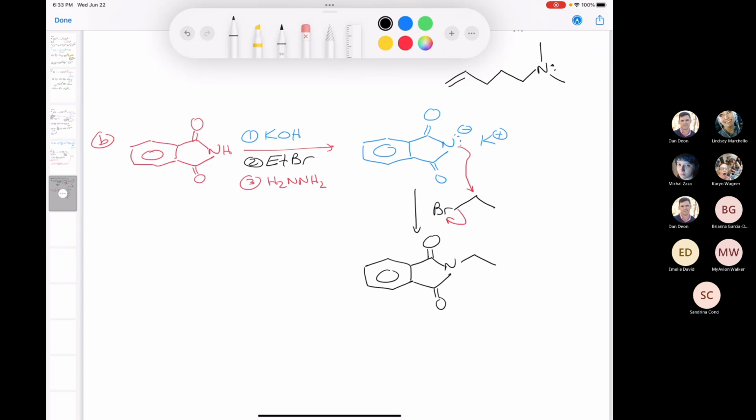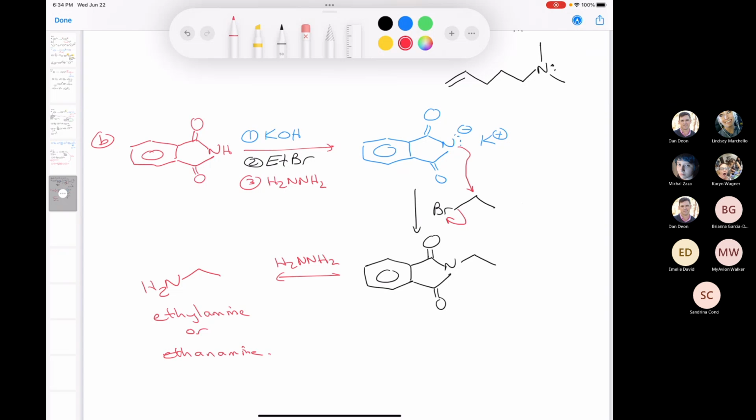And in the last step, we're going to treat it with hydrazine, H2N-NH2, and that's just going to blow the whole ring apart, and we end up with this compound, which is ethylamine, or you can call it ethanamine.